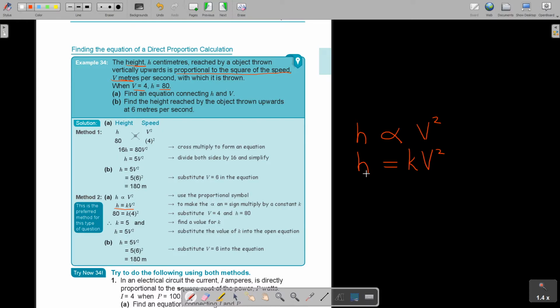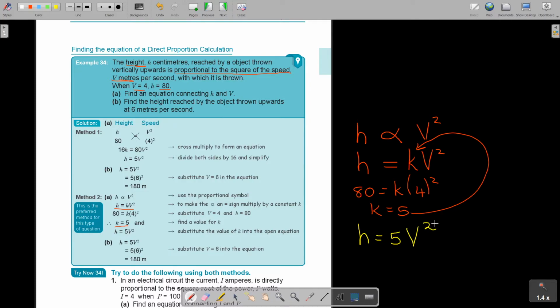In the place of h, I substitute 80, and there is my v, 4 squared. And then I find my value of k is 5. I solved that. Now I'm taking that value of k, which is 5, and substituting it in there. So that's why I'm getting h is equal to 5v squared. And that is then my equation.